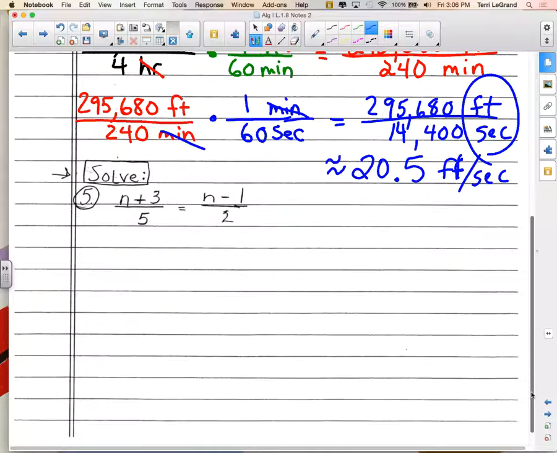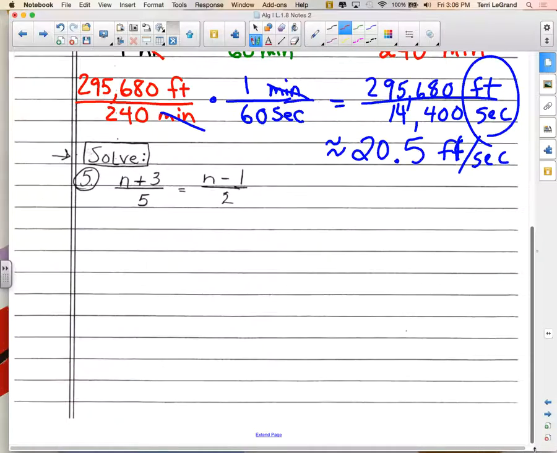Hey, here's just a practice problem from yesterday. Set it up. You already know how to solve a proportion. Set it up, and then we can talk about whether you have a good setup or not. Remember, cross products is what we're going to do. Somebody share theirs with me.